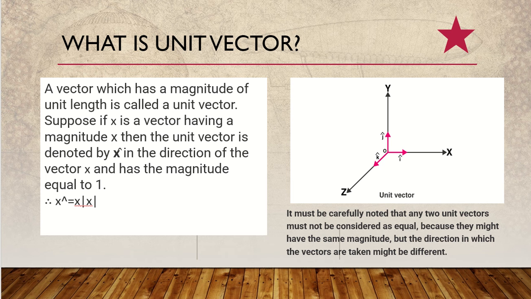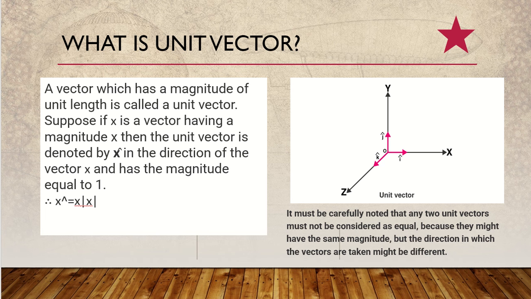So students, a unit vector is nothing but a vector which has a magnitude of unit length and it is symbolized as x cap. So this is the definition of unit vector.